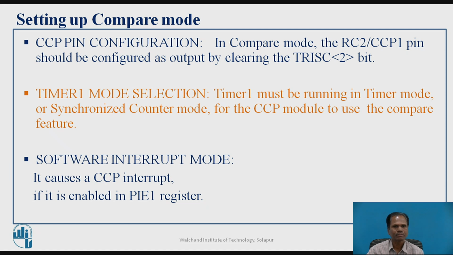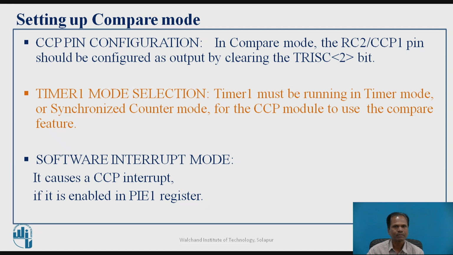Now we are going to discuss how to configure the CCP1 module for compare mode of operation. To work in compare mode, the CCP pin should be configured as output.